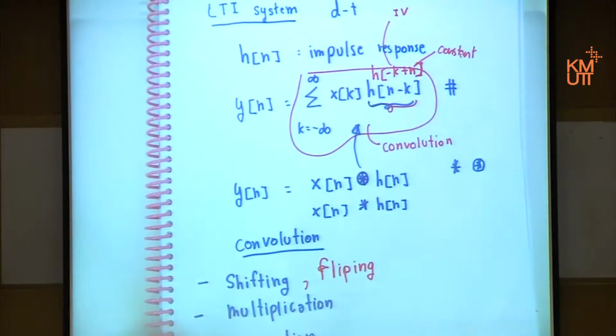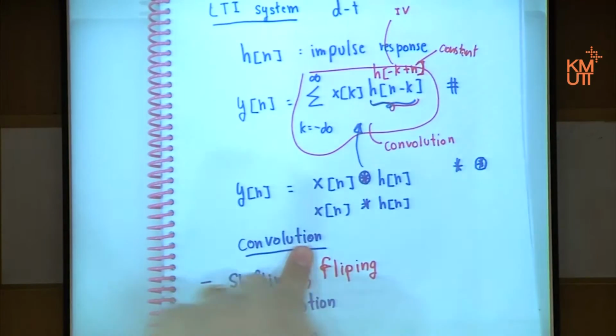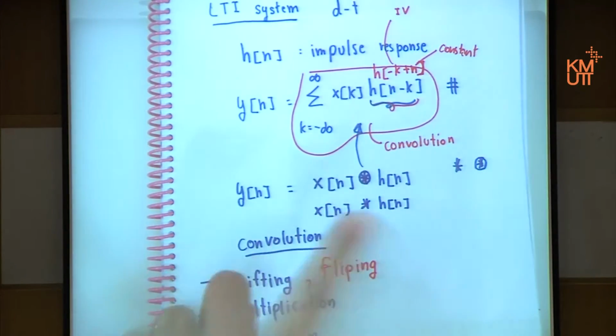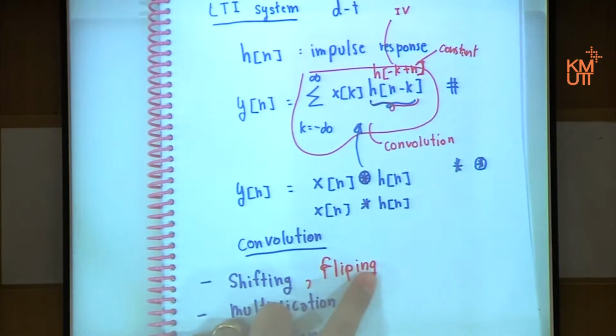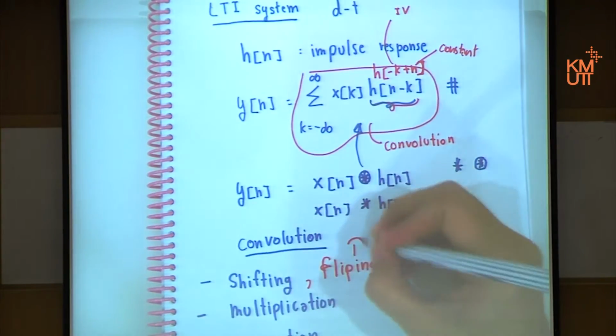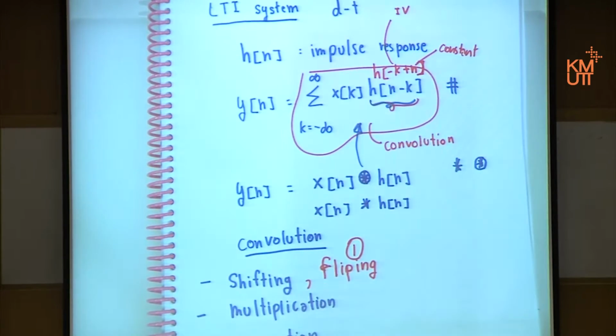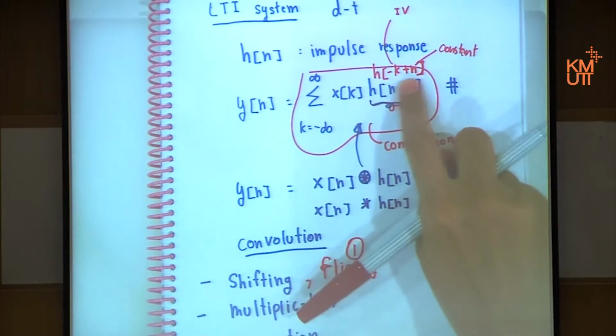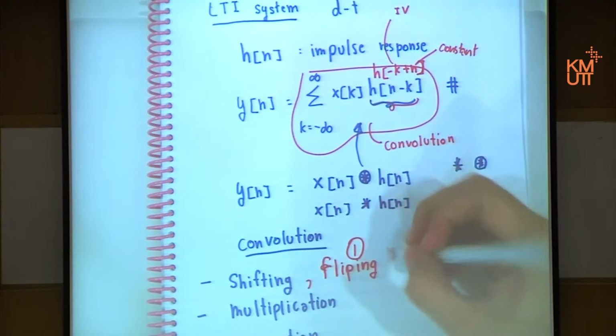So what you need to do in convolution first is flipping to find h[minus k]. Here is the first step of convolution. You flip h[k] to h[minus k].